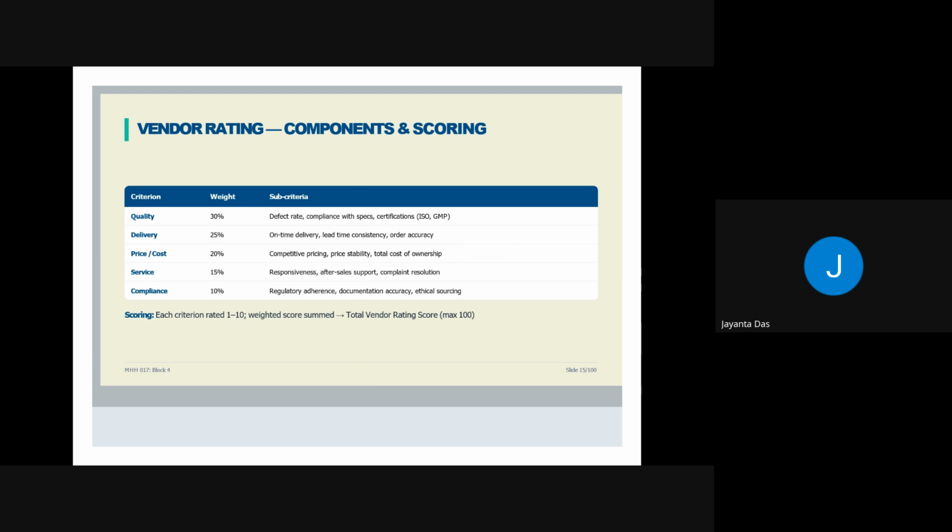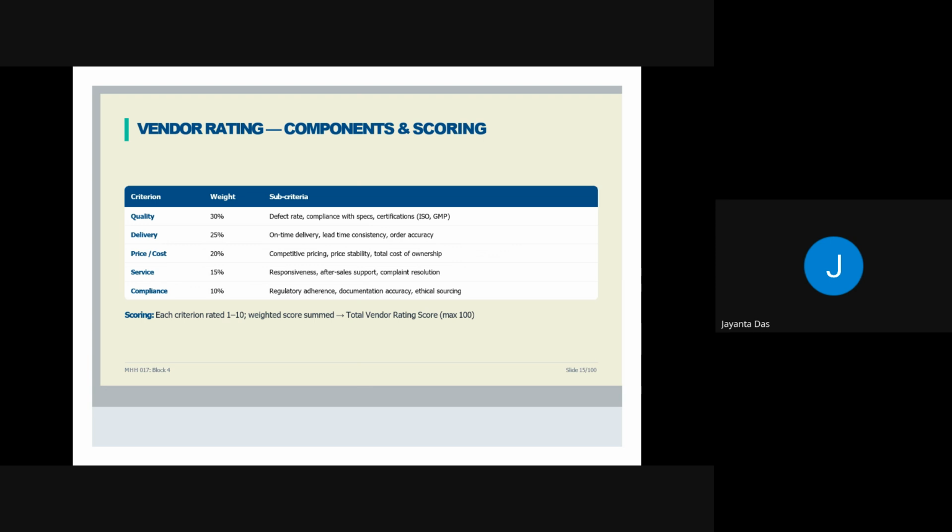First is quality. The weightage is 30%. We must look into the defect rate, compliance with specs, and certifications, whether ISO or good manufacturing practices. In those standards, we need to measure them for quality.